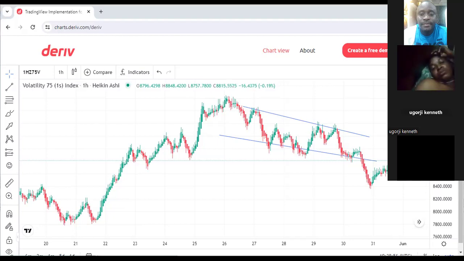MT4 is basically for all those pairs we have. And MT5 is more or less like an advanced, better version. It has some better features. MT5 is so awesome for trading it.